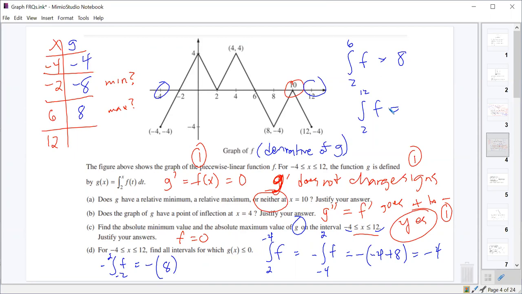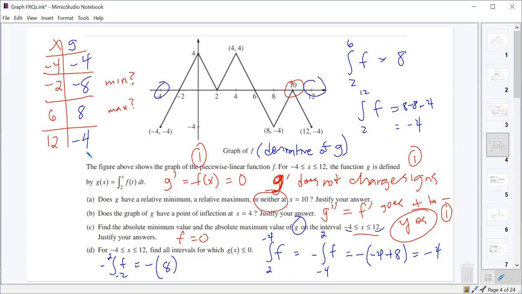Yeah. Okay, and then from 2 to 12, this is a positive 8. This cancels out. That's a -8. So we got 8 minus 8. And then this is 1/2 base times height. So that's a base of 2 and a height of 4. So that's another -4 that we're below. So we should end up with -4.